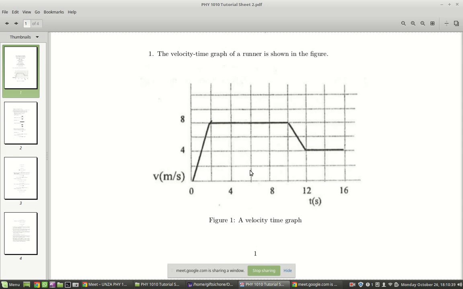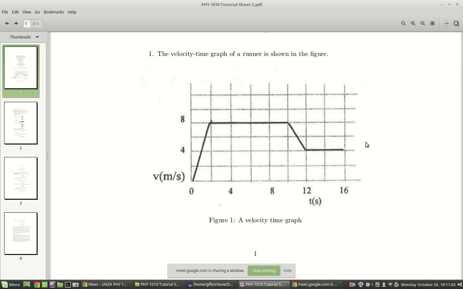As we can see in this case, that's how the velocity is changing with time. It also allows us to find out how much the acceleration is. The reason we can find the acceleration is because for a velocity time graph, the slope or the gradient of the line gives you the acceleration.